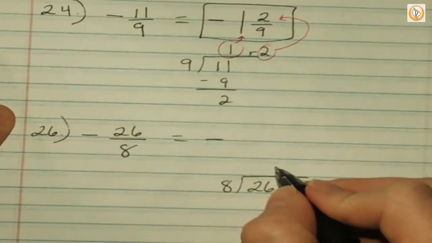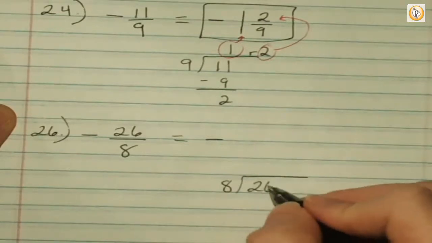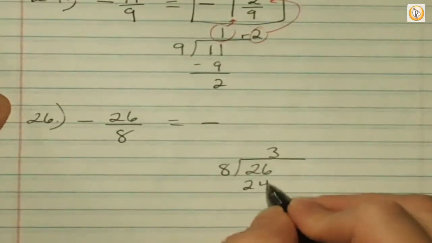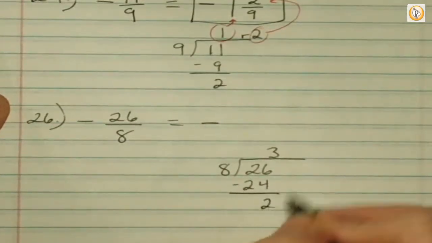What's 8 times 1? 8. 8 times 2? 16. 8 times 3? 24. So how many times does 8 go into 26? 3. Bingo. 8 times 3 is 24. So your remainder's 2.